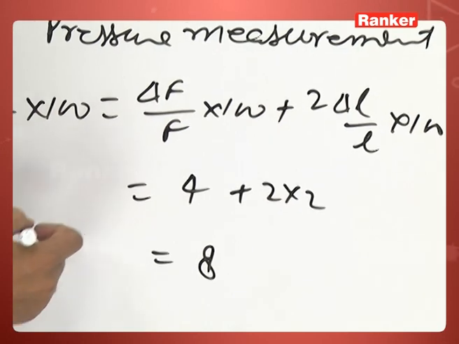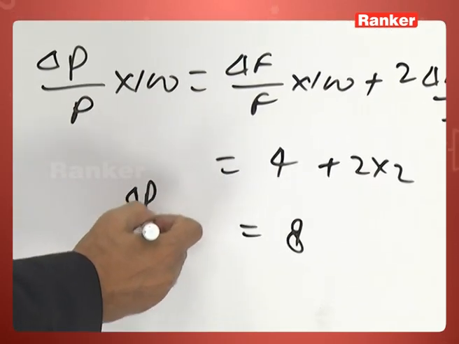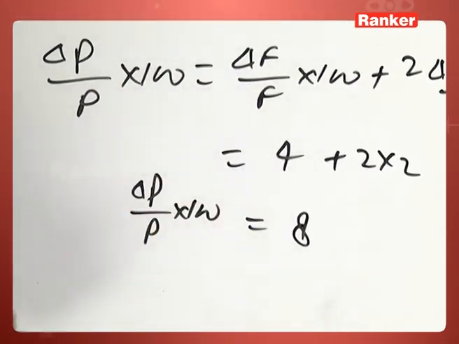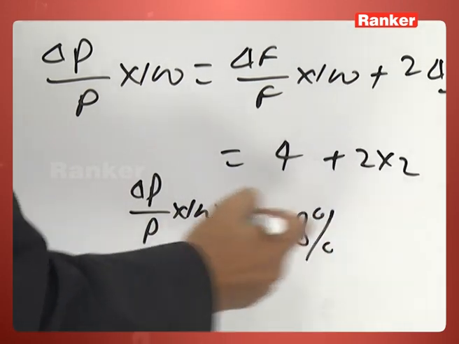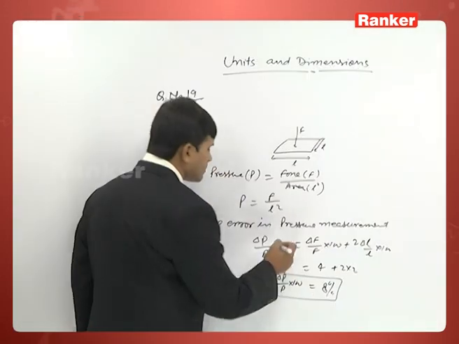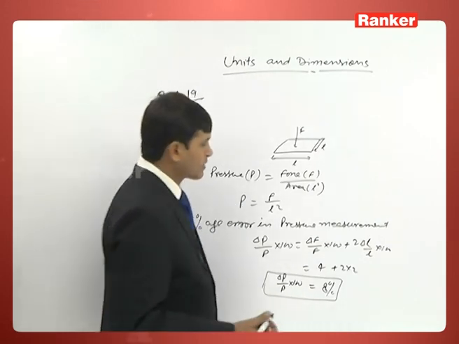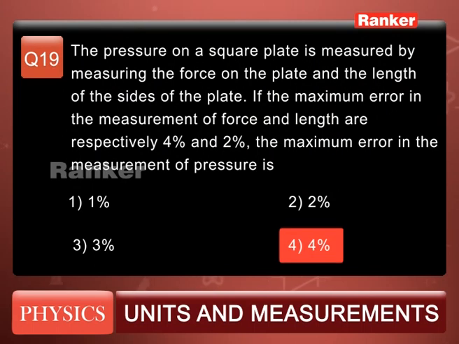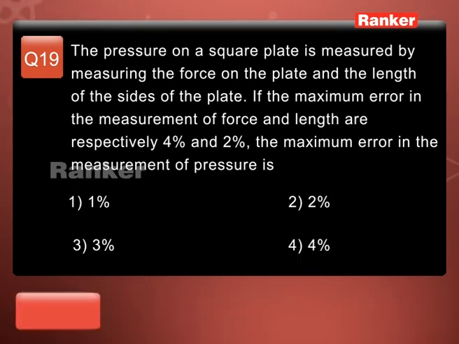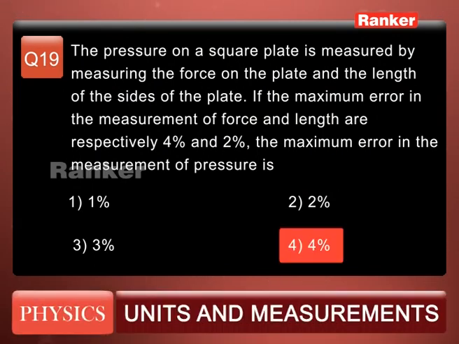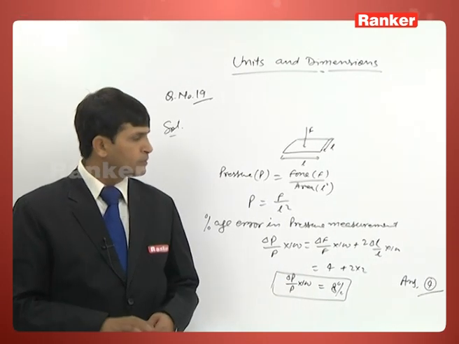So finally, the percentage error in the measurement of pressure is 8%. The answer should be 8%. So option 4 can be correct here. Option number 4.